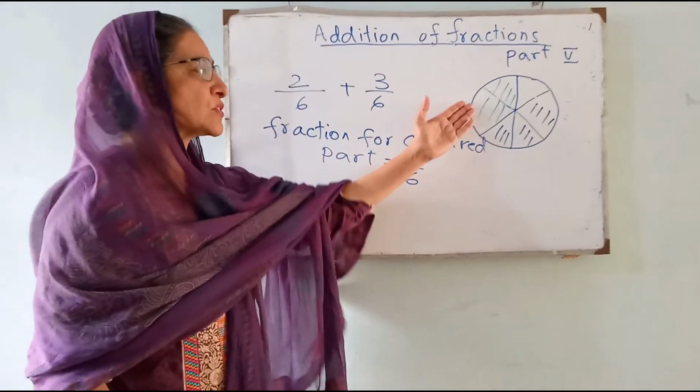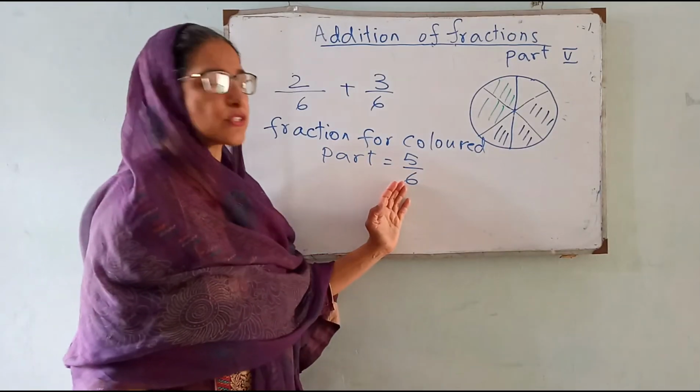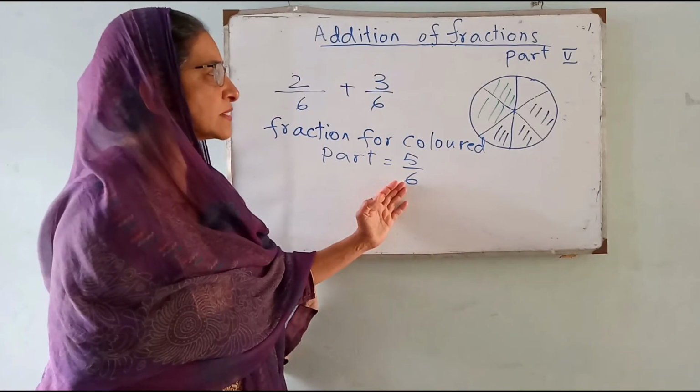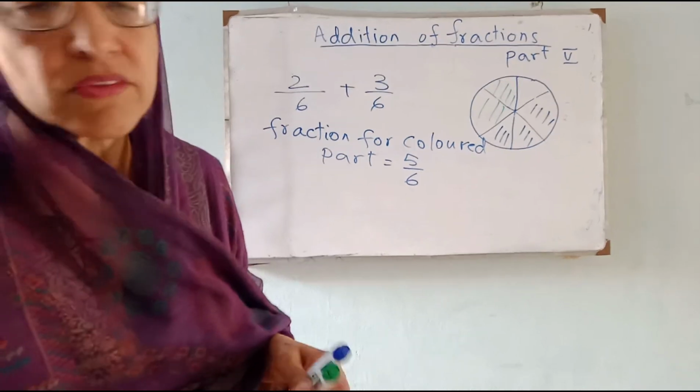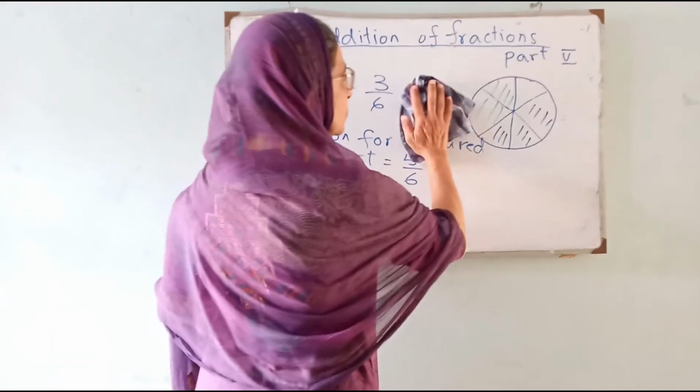So looking at the picture, we have directly added our fractions and it is coming as 5 by 6. But if now I want to do this question and no picture is given, then how am I going to do it?